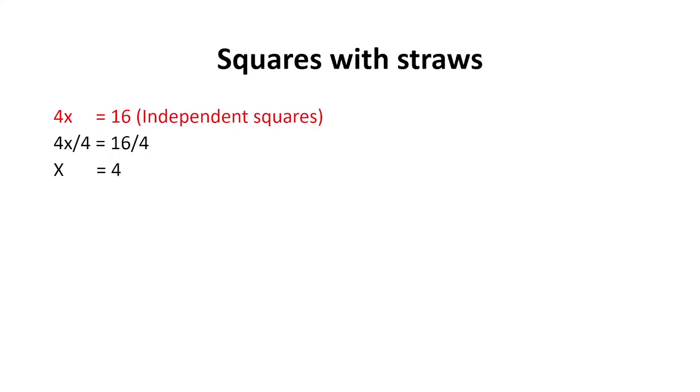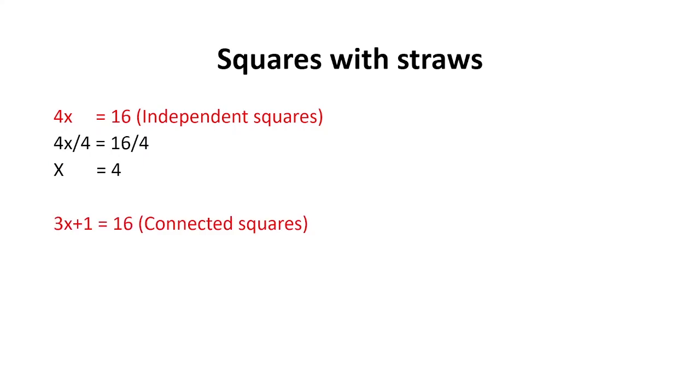We have seen examples with squares made of straws in the video. When I am taking independent squares, I have 4x equal to 16, where x is the number of squares. Here it's easy. I divide both sides by 4, and then I get 4.